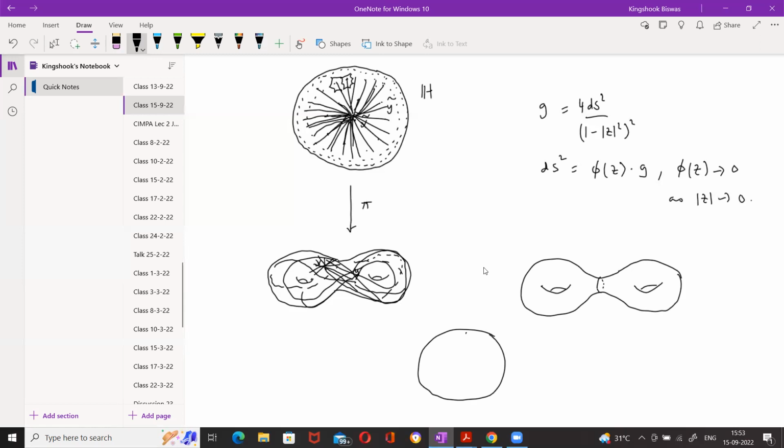So maybe you have one lift like this, and then another like this, and so on. This is a geodesic lamination with just one simple closed curve. The lifts will all be disjoint.